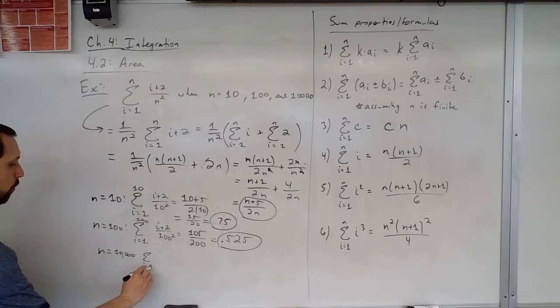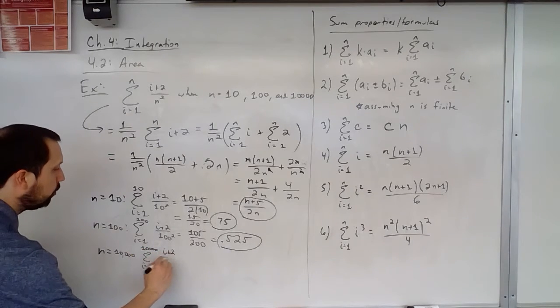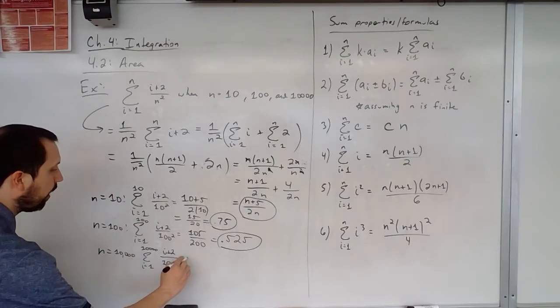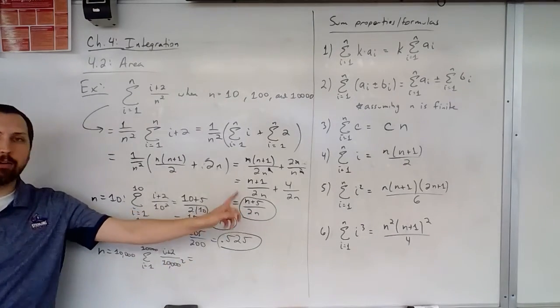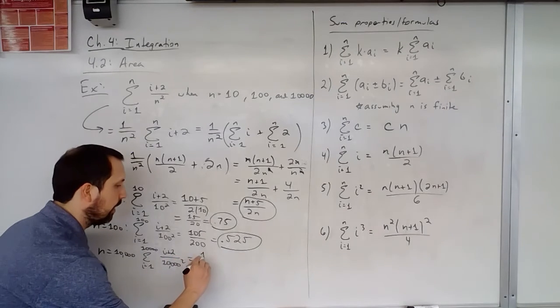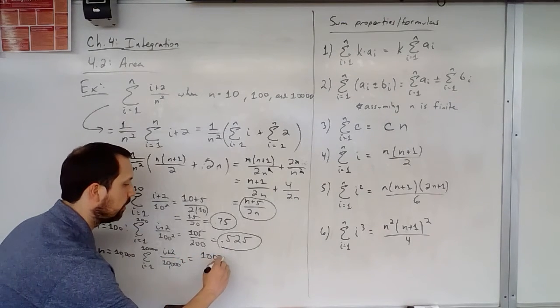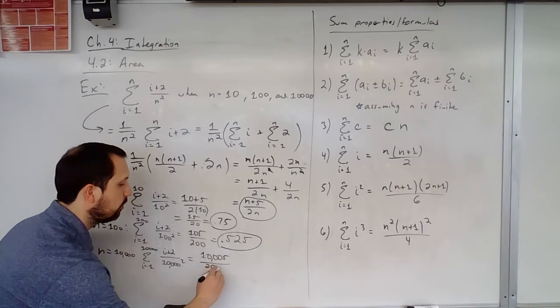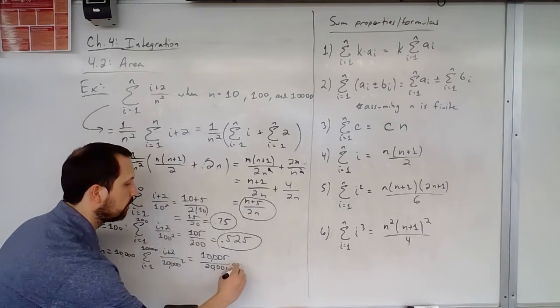Sum from i equals 1 to 10,000 of i plus 2 over 10,000 squared. Again, plugging in 10,000 here for n, I'm going to get 10,005 divided by 20,000.